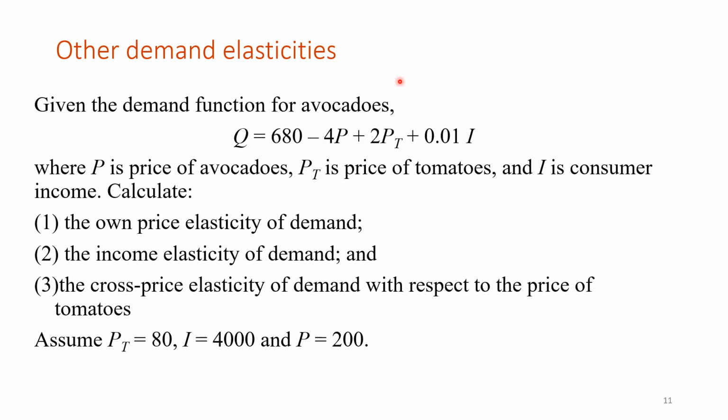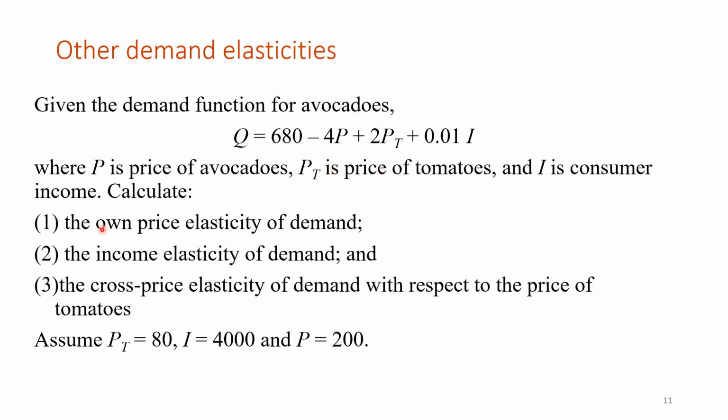Now there are other demand elasticities that we can look at. Let's assume that the demand function that we had on the previous slide for avocados looks like this: 680 minus 4P plus 2PT, where PT is the price of tomatoes, and a function of income of 0.01 times income. So P is the price of avocados, PT the price of tomatoes, I is consumer income.